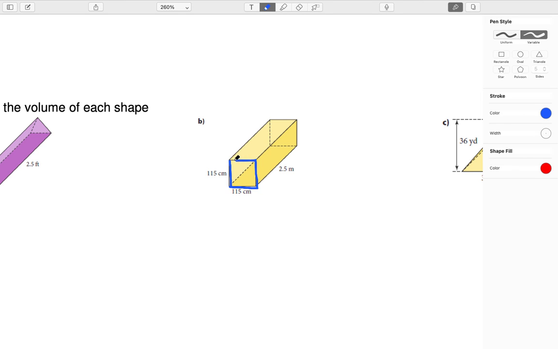It's a square, and it has been stretched by 2.5, which is the height. The volume of any type of prism is the area of the base times the height, or how much it has been stretched. The area of the base in this case is s squared, which is length times width, times the height. So in this case it is 115 squared times 2.5.